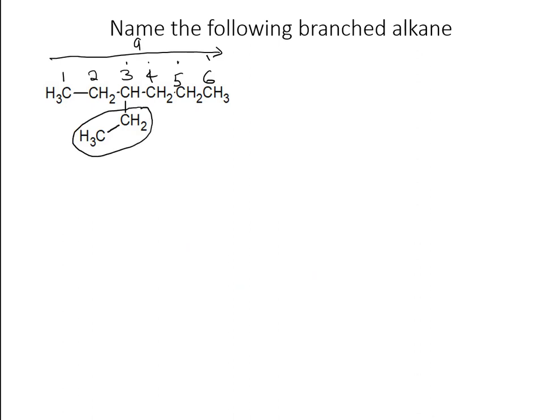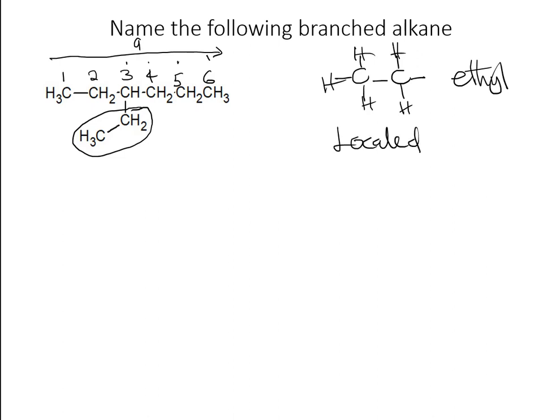This branch has 2 carbon atoms. That's the branch we are talking about. So this branch is an ethyl, but this ethyl is located at carbon 3.